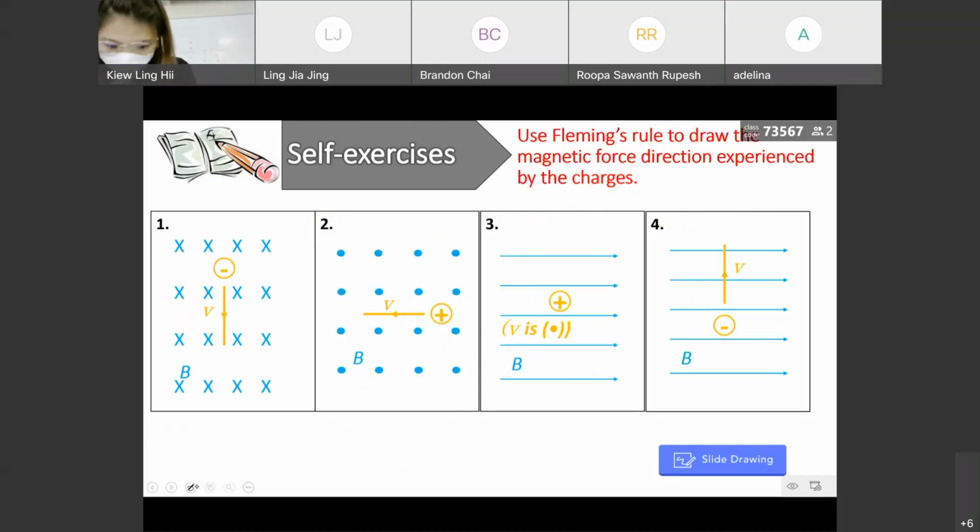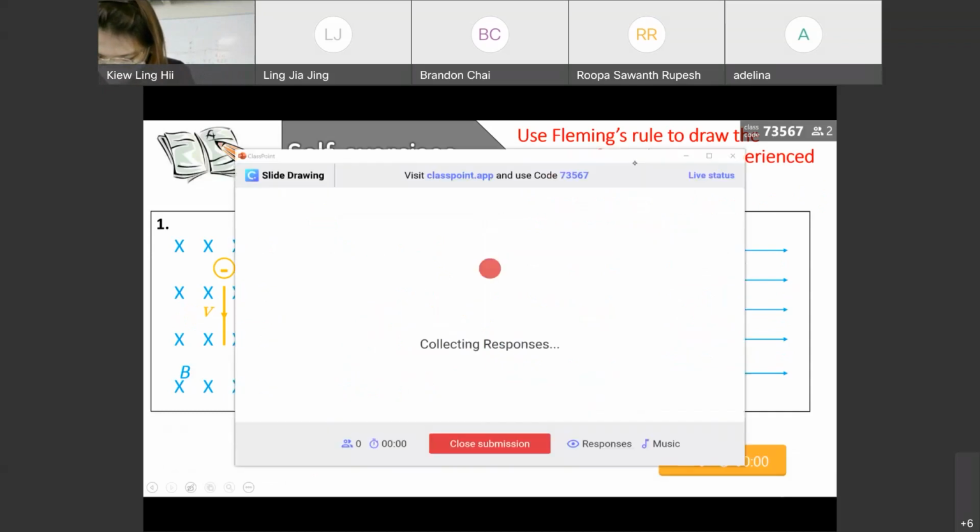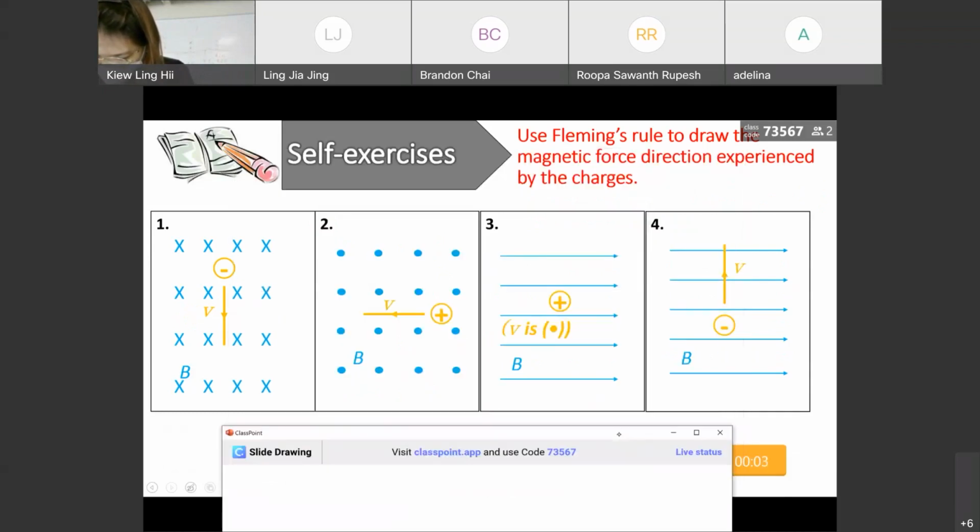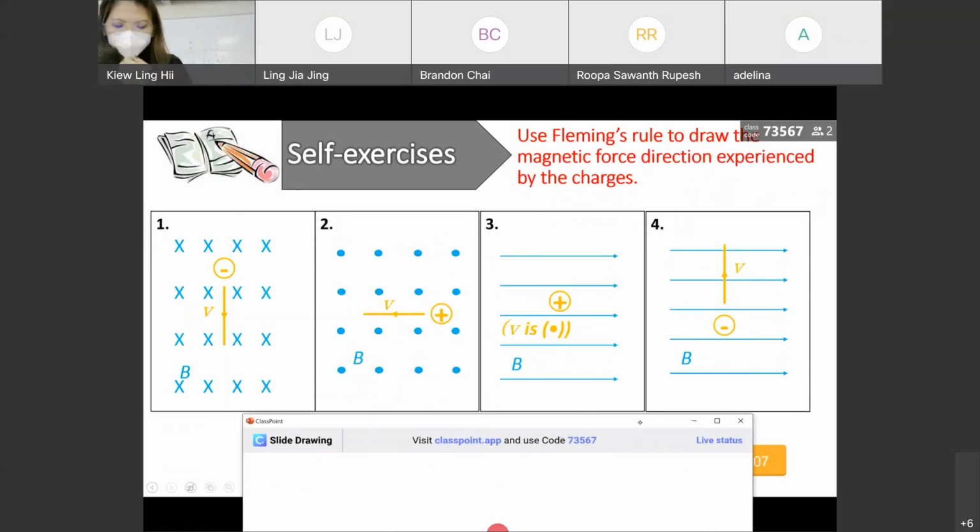So can I ask you all to try this? Remember, there is no dot and cross product here, but you have to know the yellow color is the current and the charge. This is the charge, so it is already shown as positive and negative charge. So try to use Fleming's left hand and right hand to determine the direction of the force.